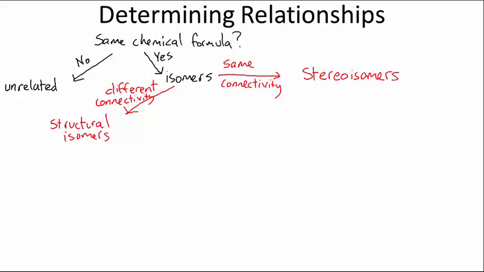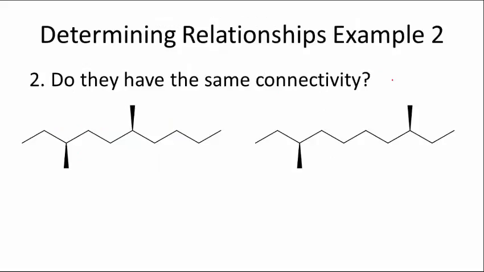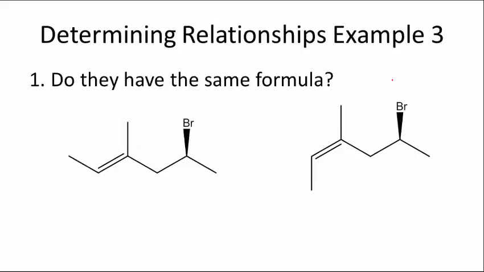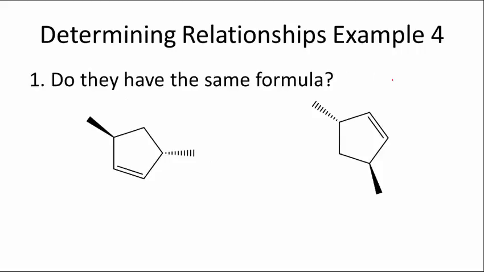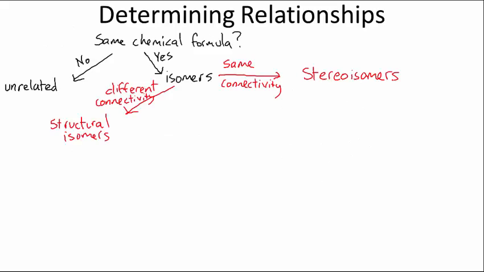So then I'm going to add in a little step there. I have to do the same connectivity. Since E/Z isomers are kind of a trick, I'm going to add in a little step where we ask, are they E/Z isomers?